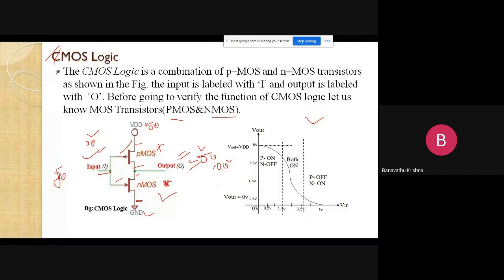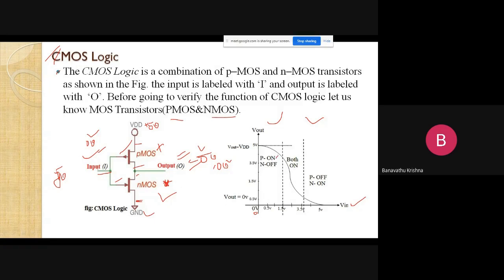Now coming to this waveform here. On the x-axis we are taking V input and on the y-axis we are taking V output. Initially we are applying input as 0 voltage. Then 0 voltage means PMOS is going to be on, NMOS is going to be off.